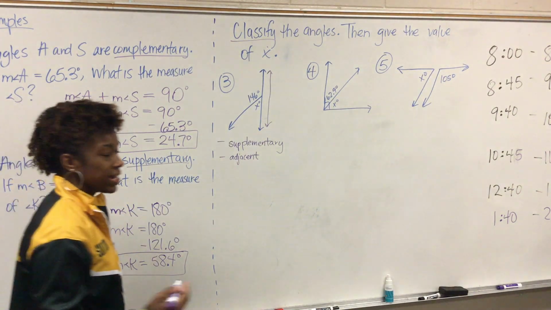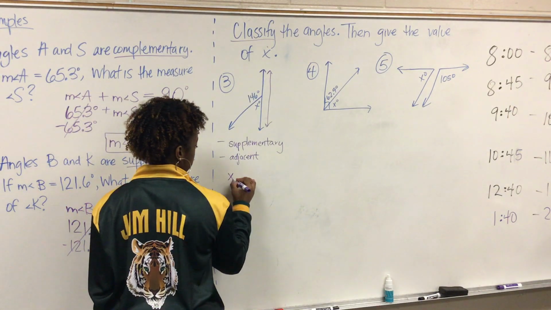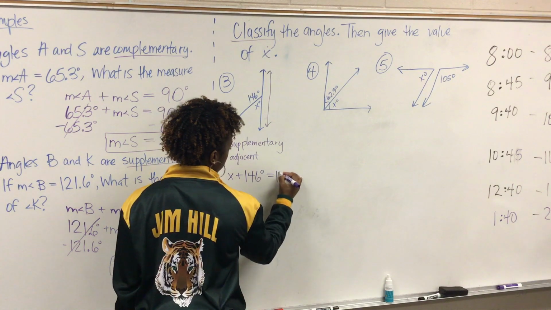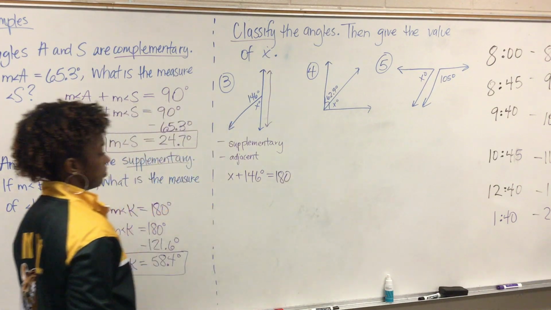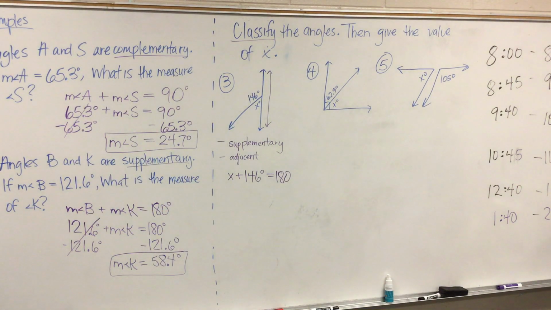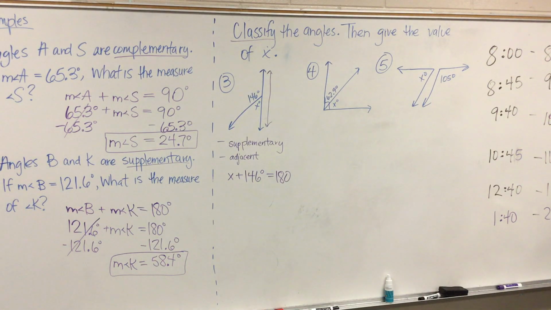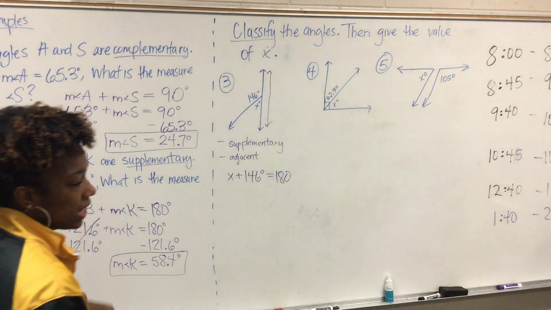So I need to write that. X plus 146 degrees must equal 180. It's just like we did here on examples 1 and 2, except we don't have a name for our angle, so we just put what the angle measures were.